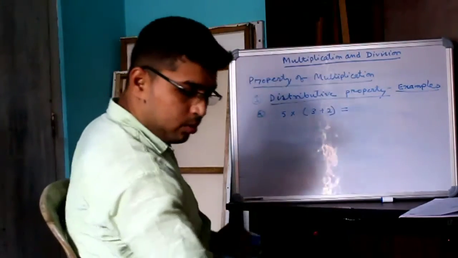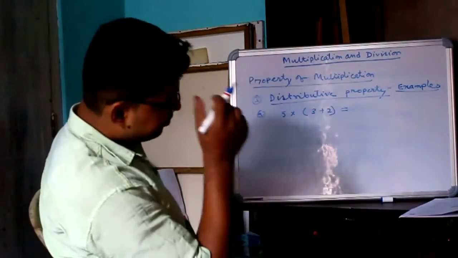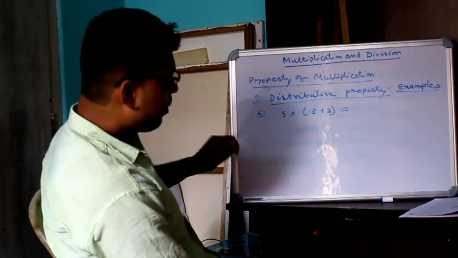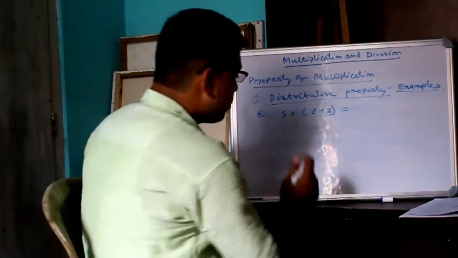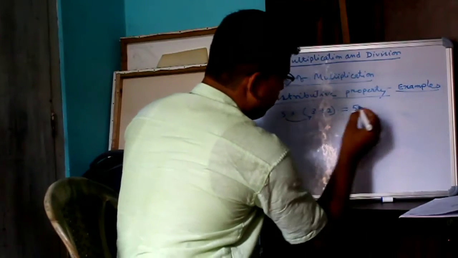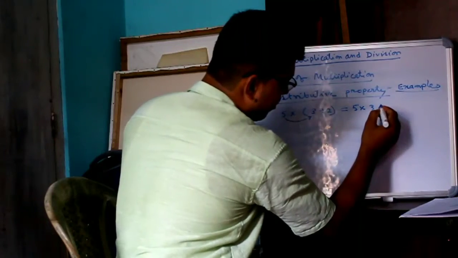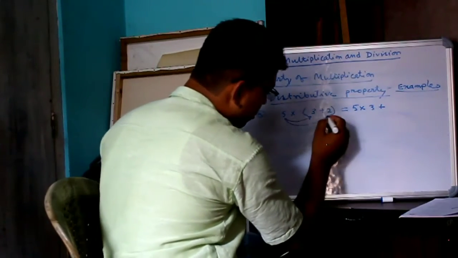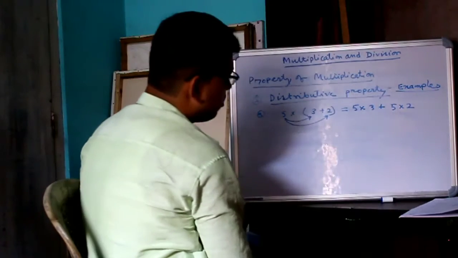See, 5 into the bracket 3 plus 2, okay? Then we have to multiply 5 first with 3, then with 2. So 5 into 3 first, then this plus sign will come here, then 5 into 2.